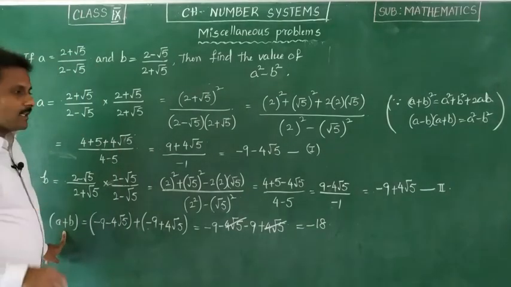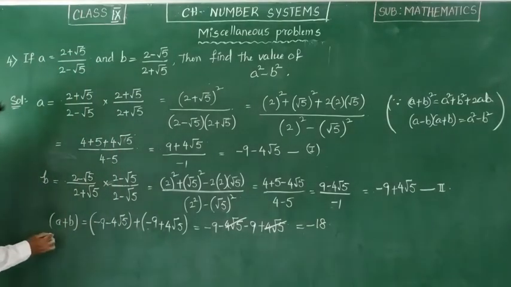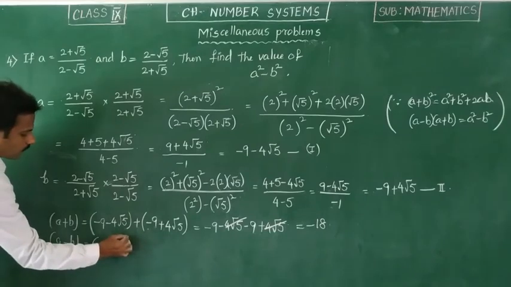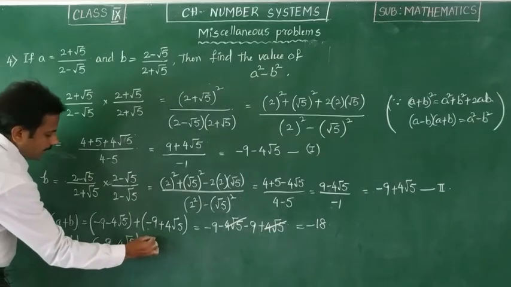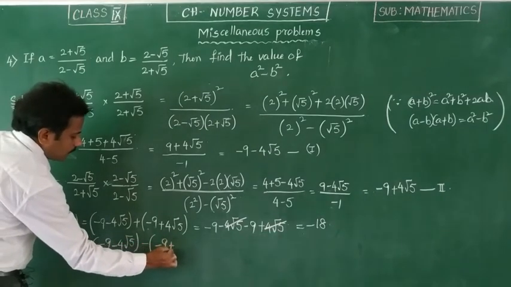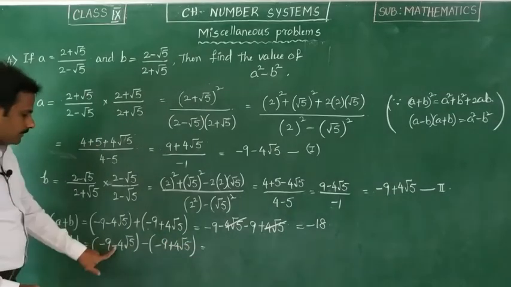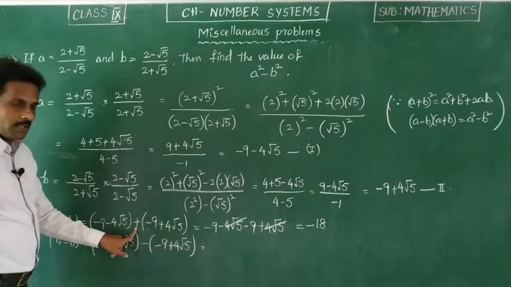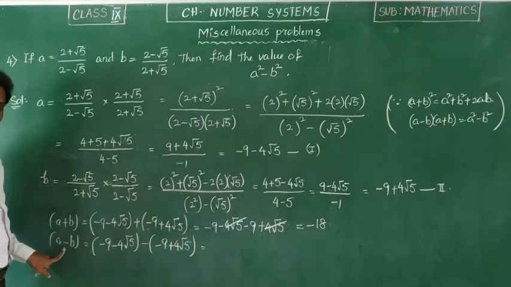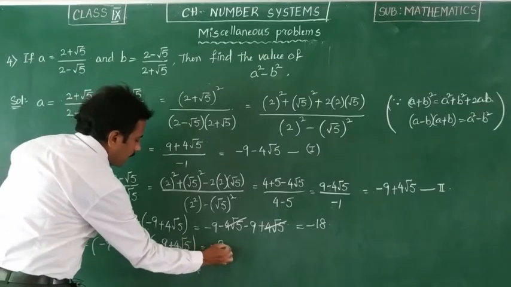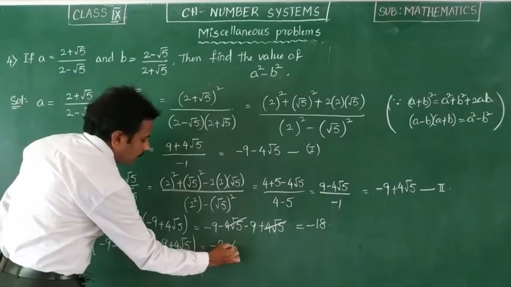Similarly, let us find the value of a minus b. A minus b equals the a value, minus 9 minus 4 root 5, minus the b value, minus 9 plus 4 root 5. The a and b values are written the same, but instead of plus we have written minus, because we are going to find a minus b. So remove the brackets. Minus 9 minus 4 root 5.